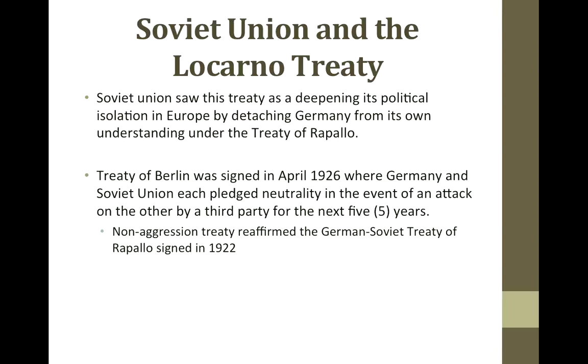All right, and the Soviets felt like Germany was detaching itself from the understandings of the Treaty of Rapallo. So, in an attempt to sever those ties, Germany and the Soviet Union signed the Treaty of Berlin in 1926, in which each pledged neutrality in the event of an attack on the other by a third party for the next 5 years. And so this non-aggression treaty reaffirmed the German-Soviet Treaty of Rapallo that was signed in 1922, which is very important. All right.